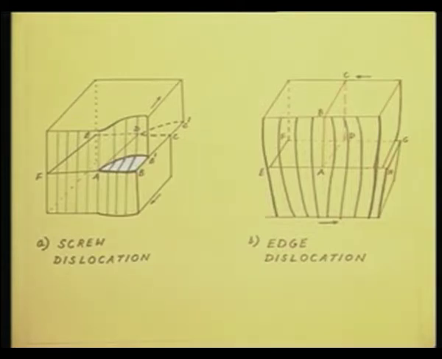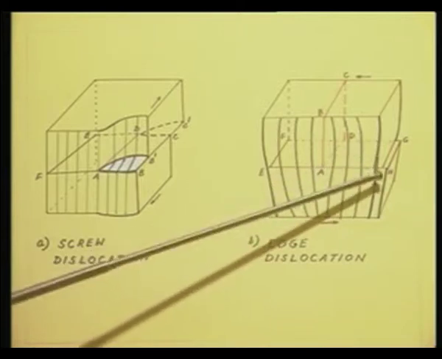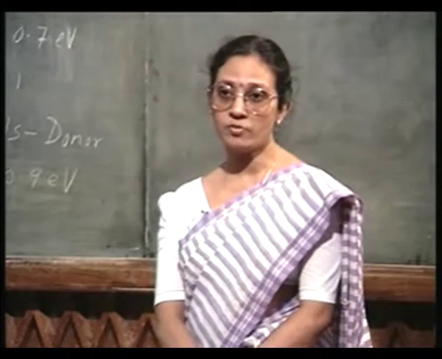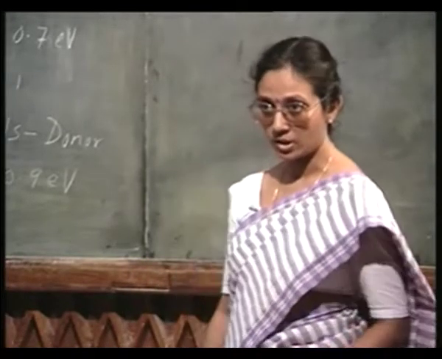This is because the top half of the crystal has got displaced by half an atomic spacing. You can see it here, it has got shifted by half an atomic spacing and it has given rise to one extra half plane of atoms. This is an edge dislocation. So, you can have either a screw dislocation or an edge dislocation depending on the type of stress it is subjected to.